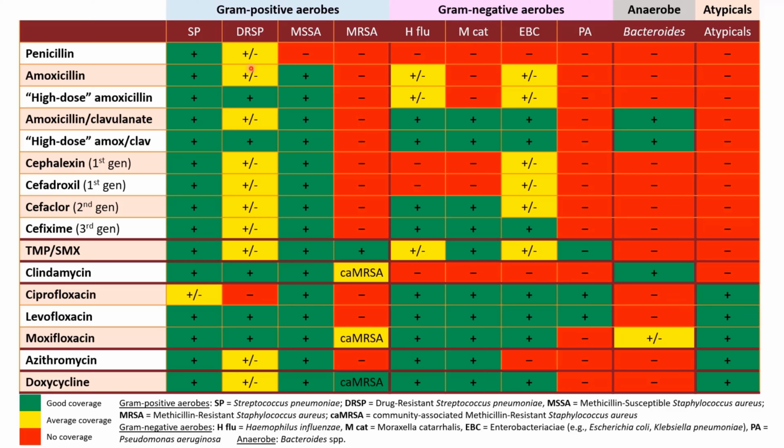So that beta-lactamase will break down penicillin, the beta-lactamase will break down amoxicillin, but clavulanate will block, or I should say inhibit, beta-lactamase. So therefore, even though these organisms are likely to make beta-lactamases, clavulanate will inhibit it, so amoxicillin clavulanate will have activity against it.